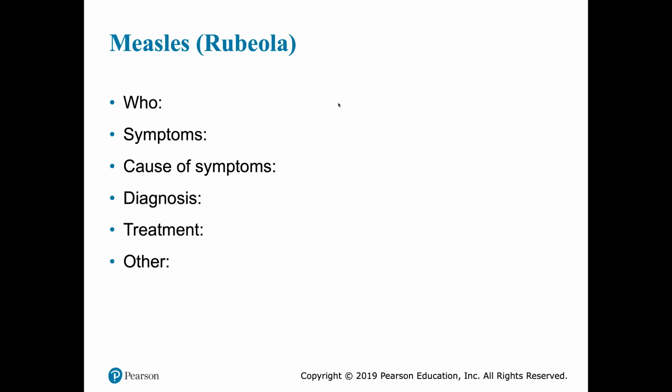The cause of the symptoms, a couple things. It causes cells to fuse, which allows it to hide from immune cells. And then our cytotoxic T cells kill any of our cells that are infected. So cytotoxic T cells are pretty amazing.